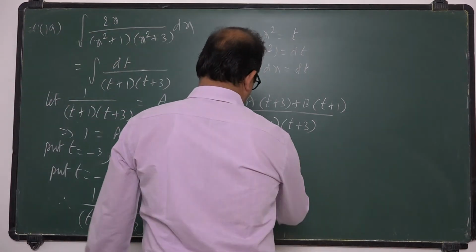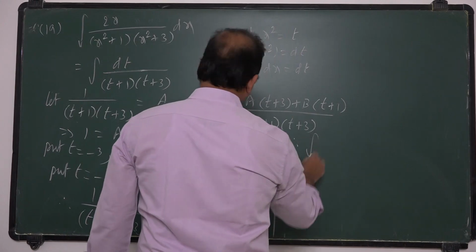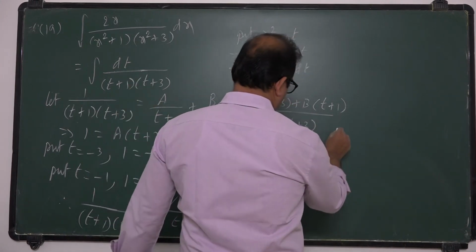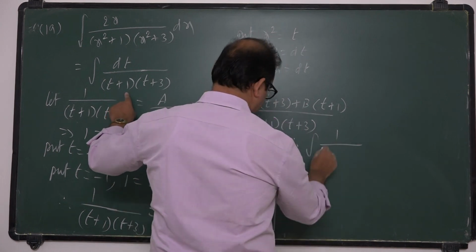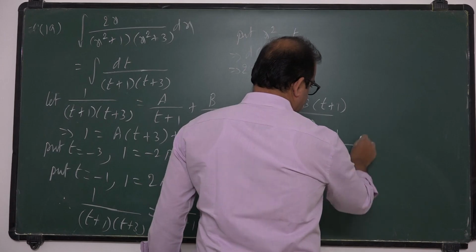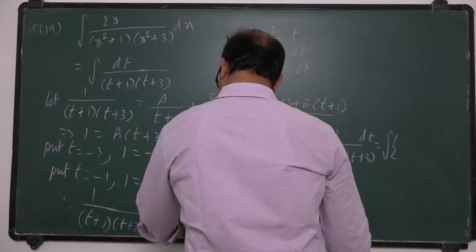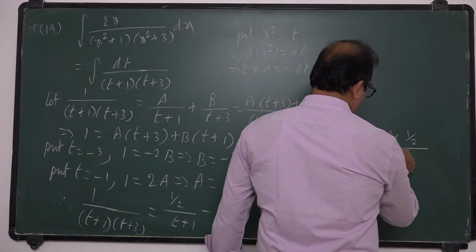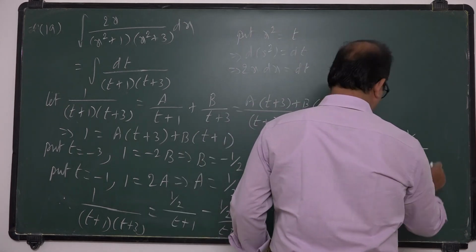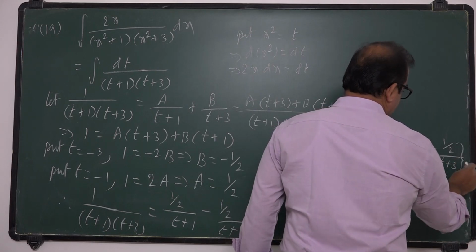Therefore, the integral of 1 by (t plus 1) into (t plus 3) dt is equal to the integral of 1 by 2 by t plus 1 minus 1 by 2 by t plus 3 dt.